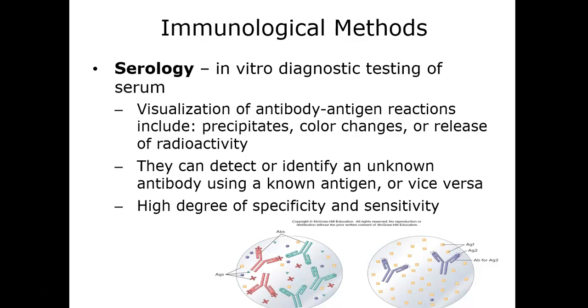In order for this antibody, which is represented here as a Y-shaped molecule, to fit to the antigen, which looks like a little X or almost like a jack, for these two to fit together, it's like a lock and key. Very specific reaction. So we can understand if you have antibodies in your serum to a particular infectious agent. That gives us an indication as to whether you've ever been exposed to that infectious disease.